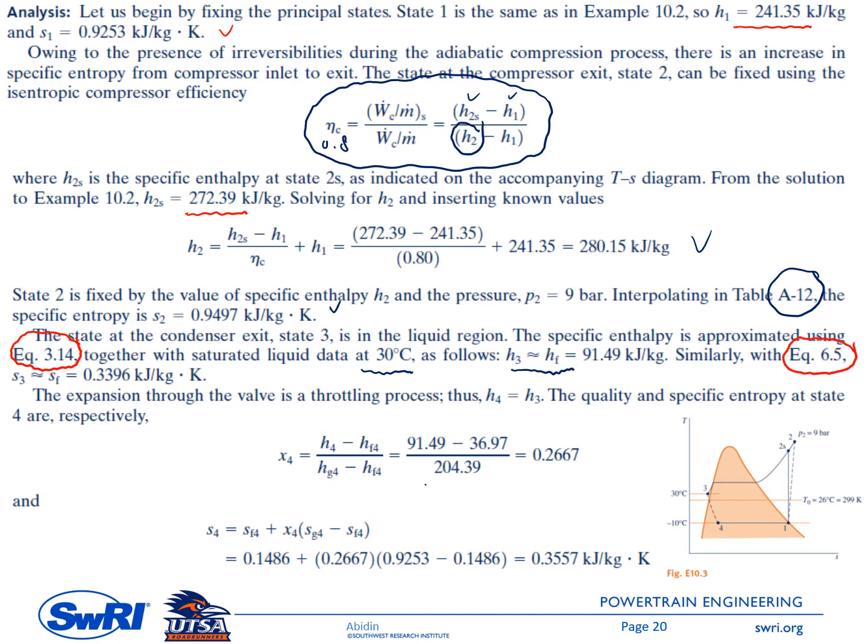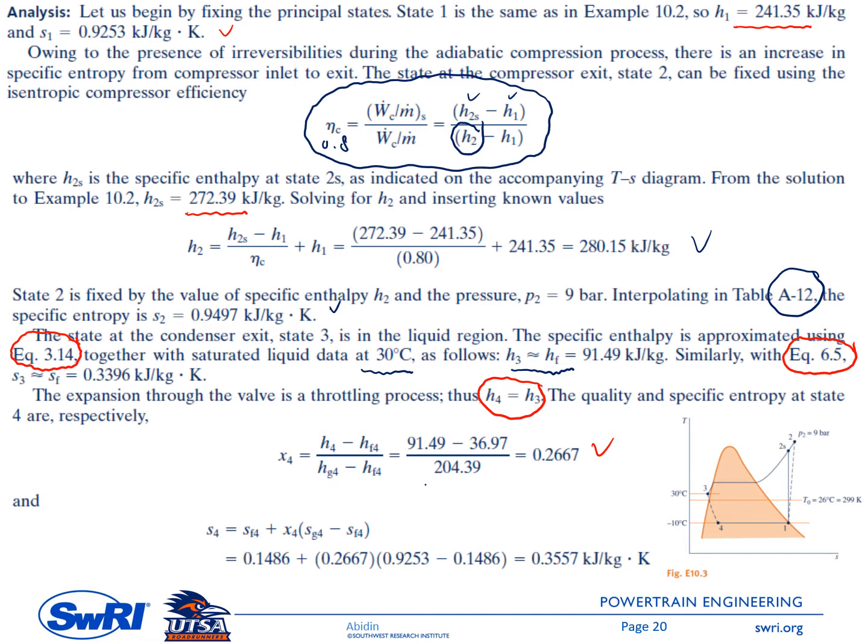From point 3 to point 4, this is a throttling process, so H4 equals H3. You can get the quality of the vapor at point 4 using this formula: H4 minus HF4 over Hg4 minus HF4.